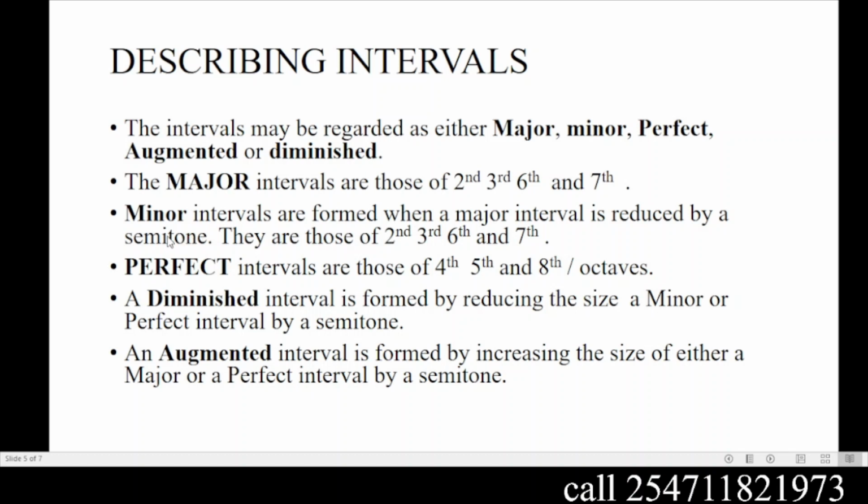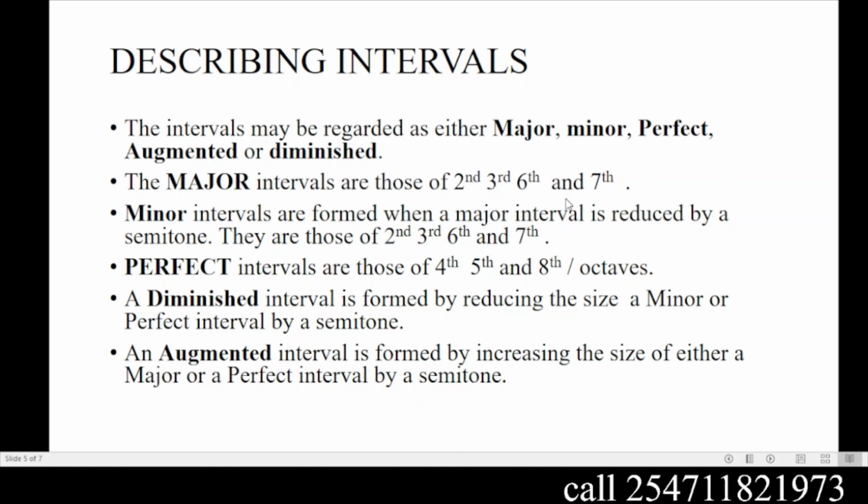So minor intervals come from major intervals. You notice that they also have the second, the third, the sixth, and the seventh. It means that when you reduce a major second by a semitone, it becomes a minor second. You reduce a major third by a semitone, it becomes a minor third, and so on.